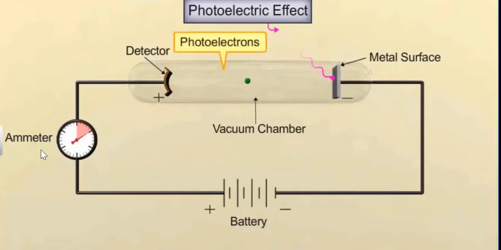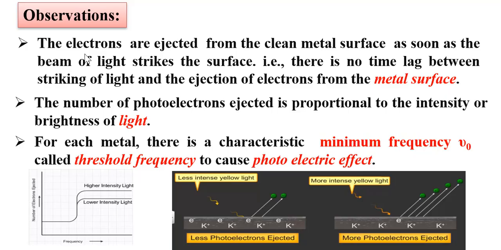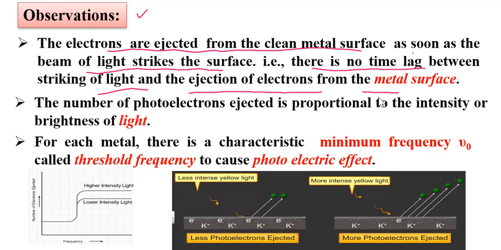So in the emitter you can see the observations. The electrons are ejected from the metal surface as soon as the beam of light strikes the surface. That means there is no time lag between the striking of light and the ejection of electrons from the metal surface.